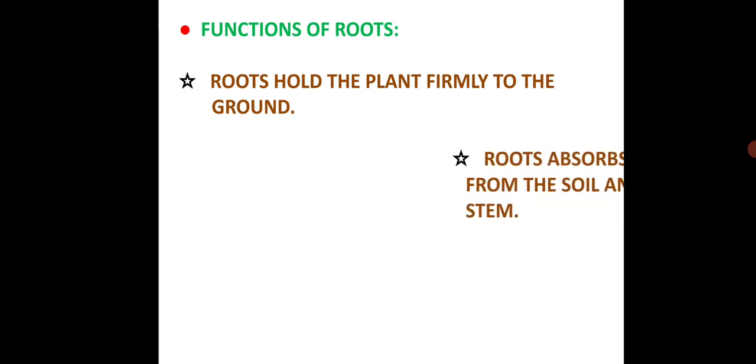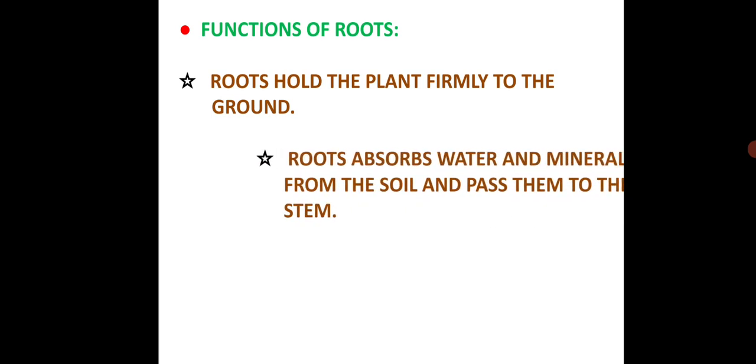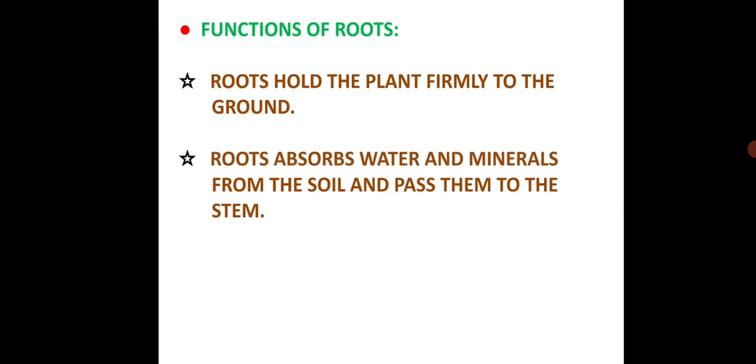This prevents the plant from being pulled out easily or blown away by the wind. Number 2 is conduction. Roots absorb water and minerals from the soil and pass them to the stem. The plant uses water and minerals to manufacture food and carry out life processes.